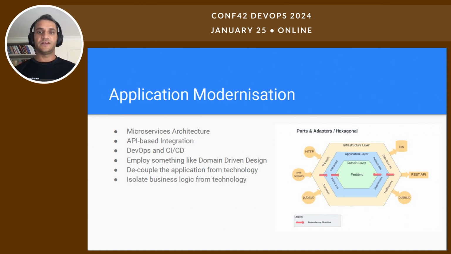So, as I mentioned, it is basically the process of breaking monolithic applications into microservices for agility, scalability, and independent deployment. API-based integration, which is fostering interoperability through seamless integration with other applications and systems. DevOps and CI/CD, which is embracing DevOps practices and CI/CD pipelines for automated builds, testing, and deployment.